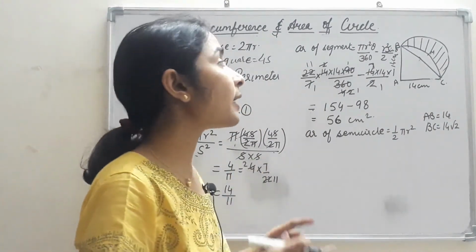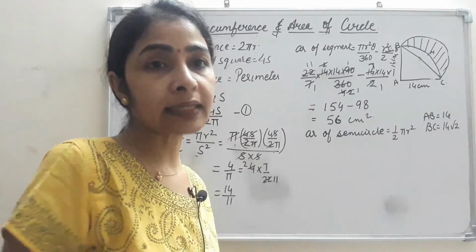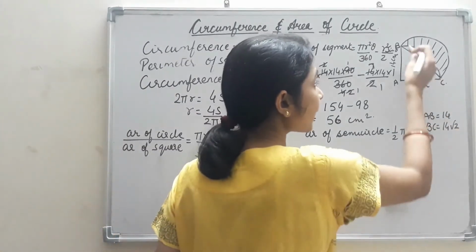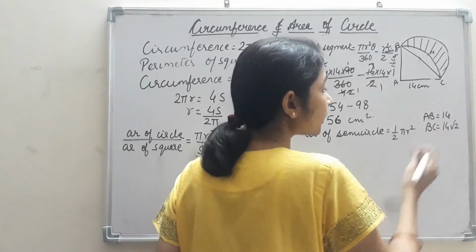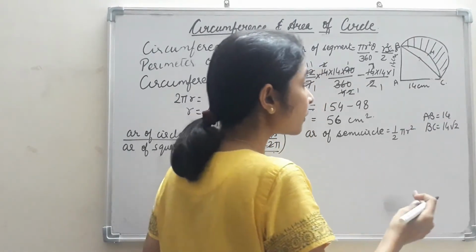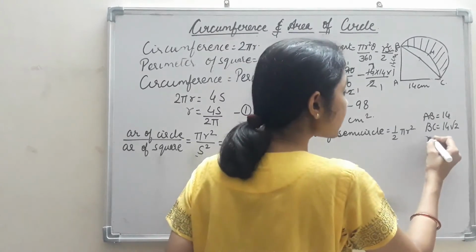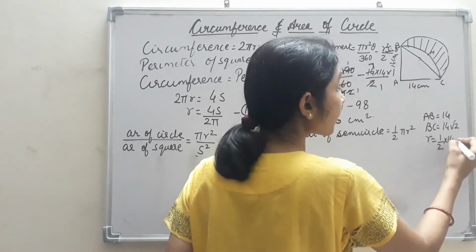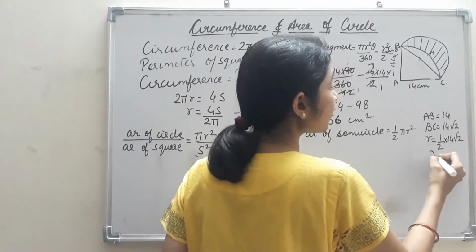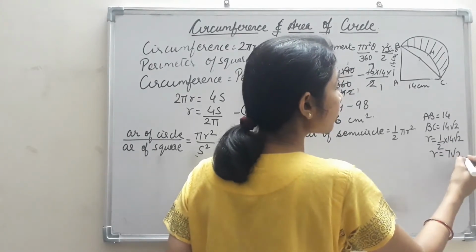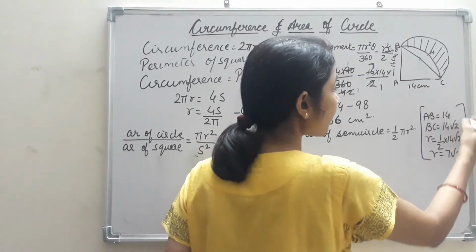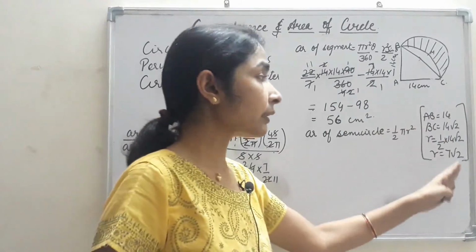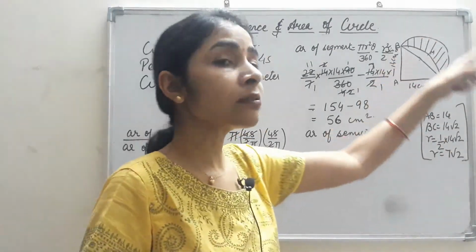In a square also, the diagonal is equal to side root 2. So here also BC, the hypotenuse, will be equal to 14 root 2. Therefore the radius is half of 14 root 2, which is 7 root 2. This you can do in rough work, but this is the calculation of the radius of the semicircle.